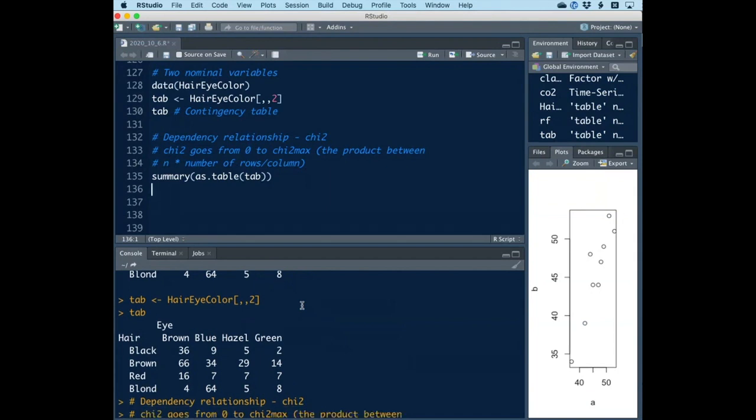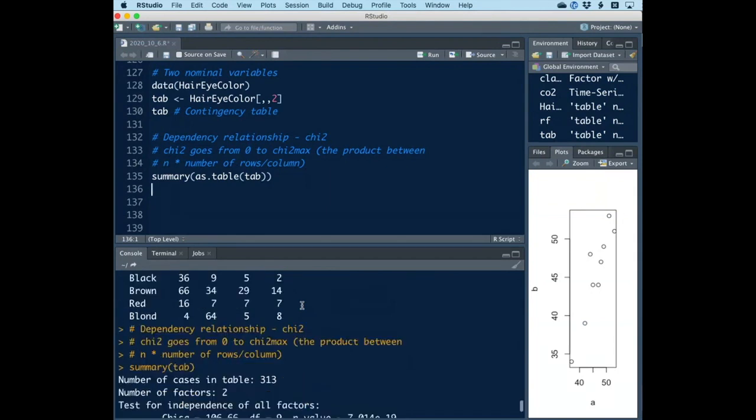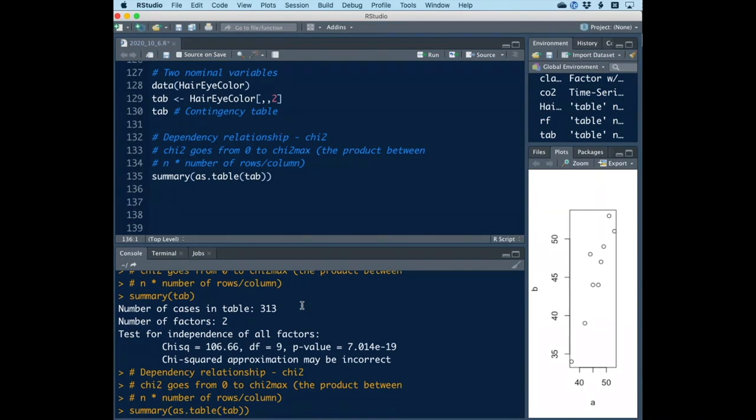So we can select 4 and multiply it by 313. So the maximum would be something like more than 1,000. And we have 100. So we have a certain degree of dependency. Not high, but a certain degree of dependency. So that is what I wanted to tell you.